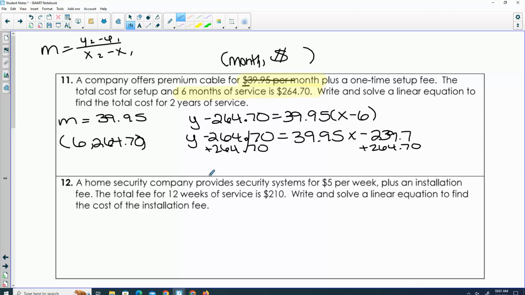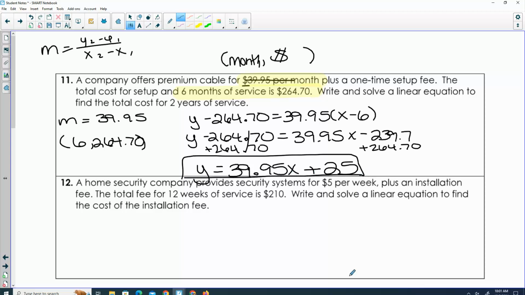And so your final equation is y equals 39.95x plus 25. Did we get that? Well, if you didn't, have you figured out where your mistake was and fixed it?